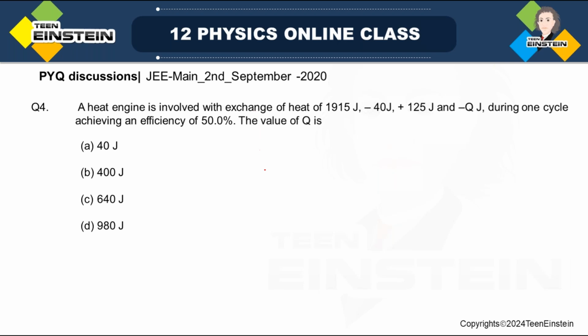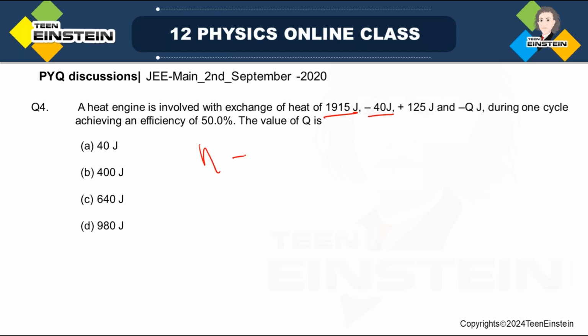The heat exchanges for the heat engine are positive 1915 joule, negative 40 joule, then again positive 125 joule, and minus Q joule. During one cycle it achieves an efficiency of 50%. What is the value of Q?